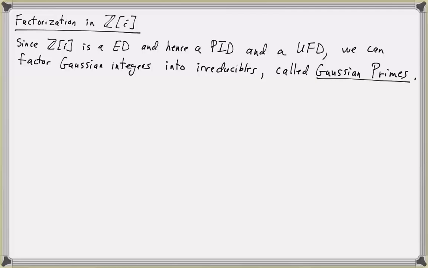So we're going to use the norm on the Gaussian integers to identify the Gaussian primes.